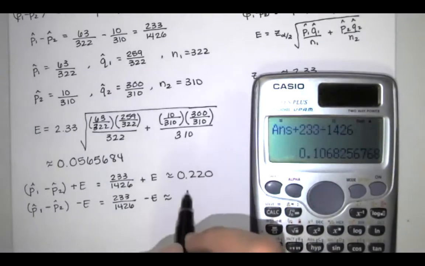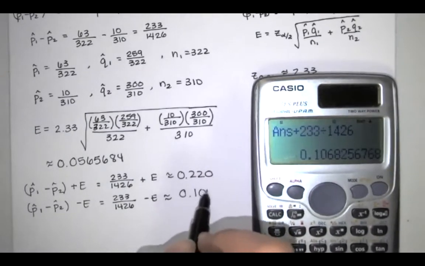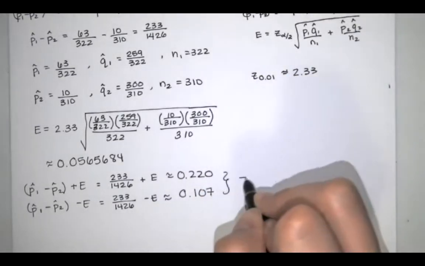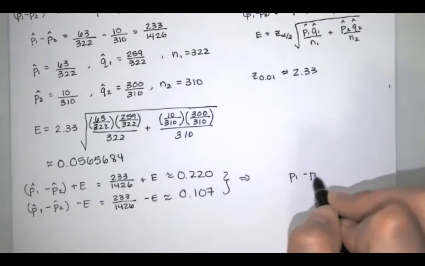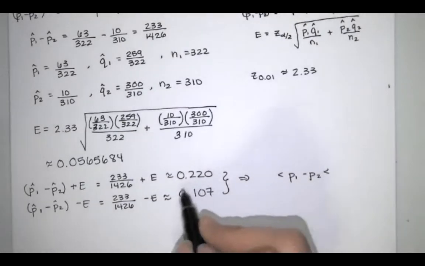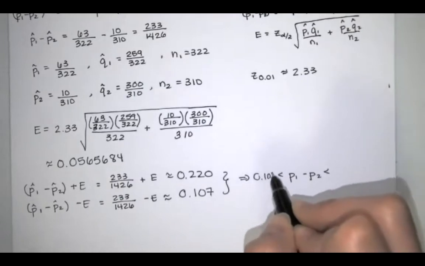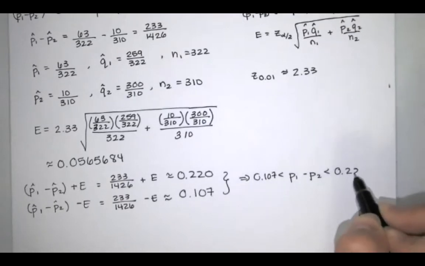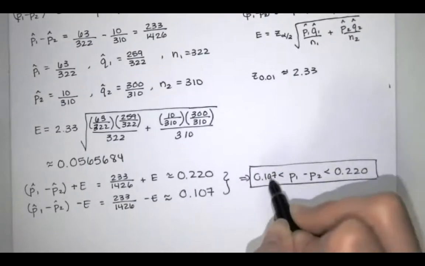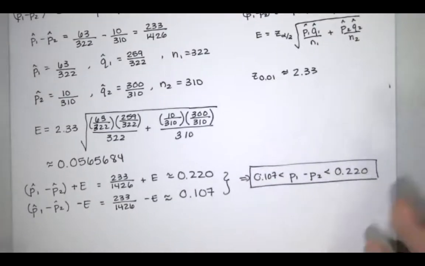If I round to 3 decimal places, I have 0.107. So this is telling me that P1 minus P2 lies between this lower limit and this upper limit. So that is my confidence interval estimate of the difference between P1 and P2.